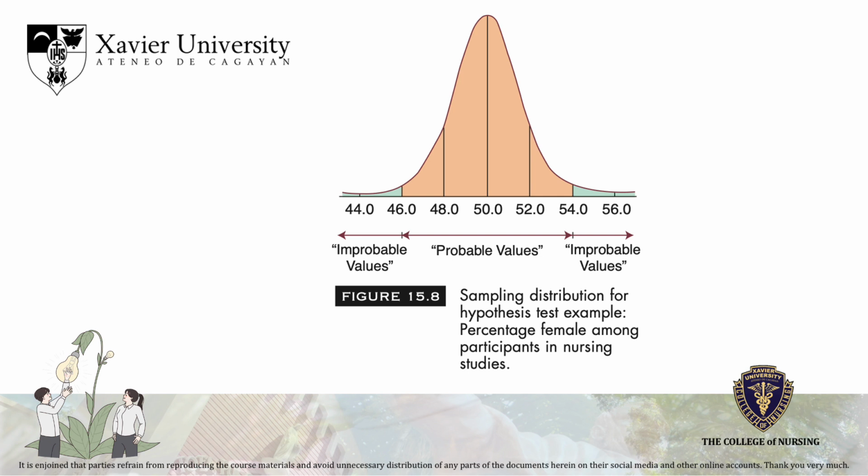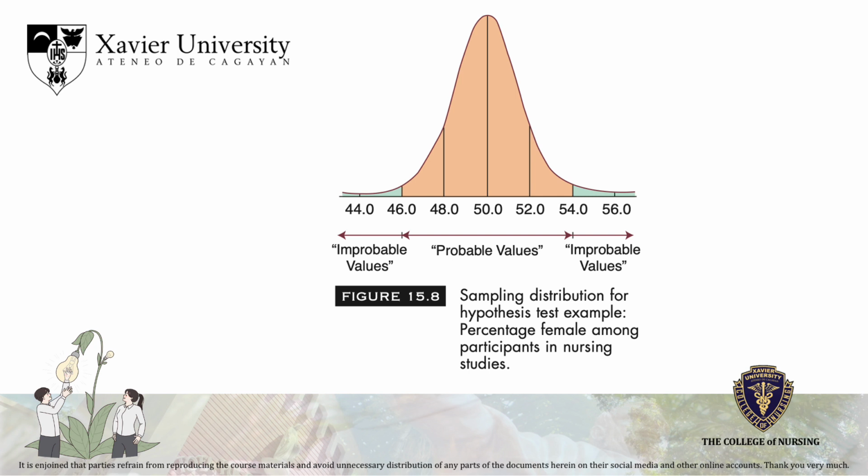Based on normal distribution characteristics, we can determine probable and improbable values of sample means from the population of nursing studies. If, as is assumed according to the null hypothesis, the population mean is 50.0, then 95% of all sample means would fall between 46.0 and 54.0.